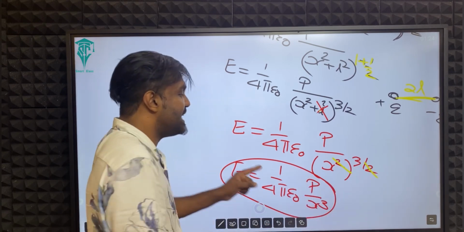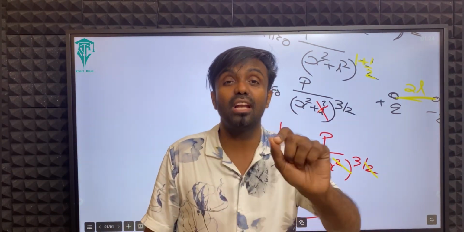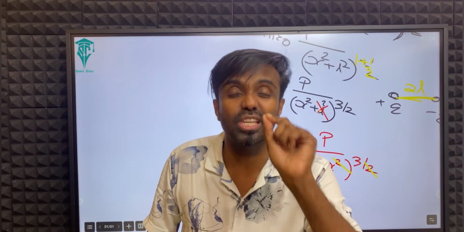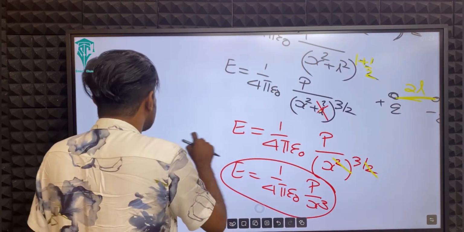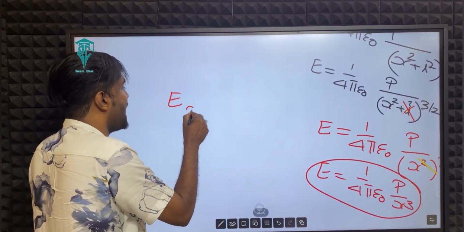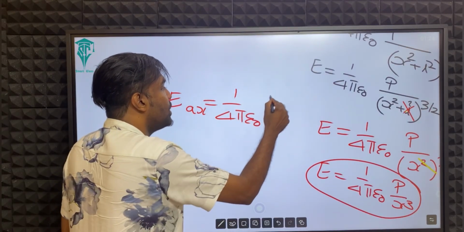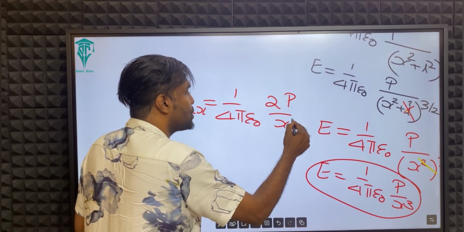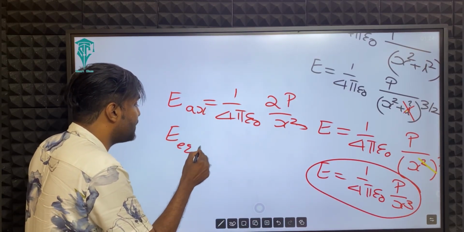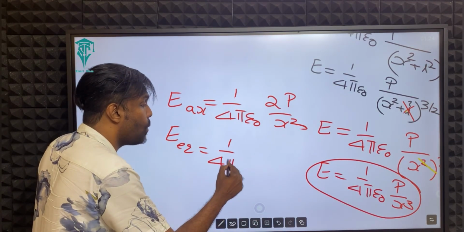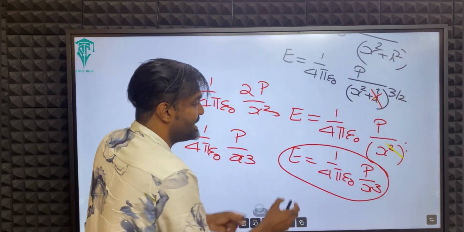This is the electric field intensity due to an electric dipole when the point is at the equatorial position. We already studied one thing: at the axial point, the electric field intensity has the value 1 by 4 pi epsilon 0 2p by x cube, and at the equatorial position it has the value 1 by 4 pi epsilon 0 p by x cube, which we derived here.